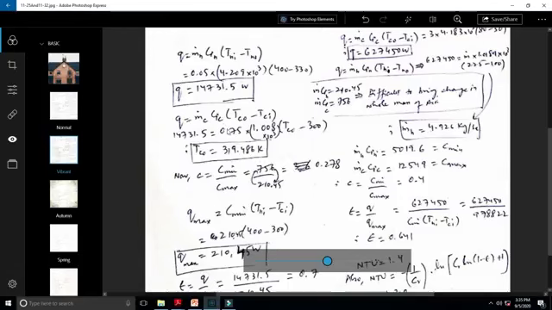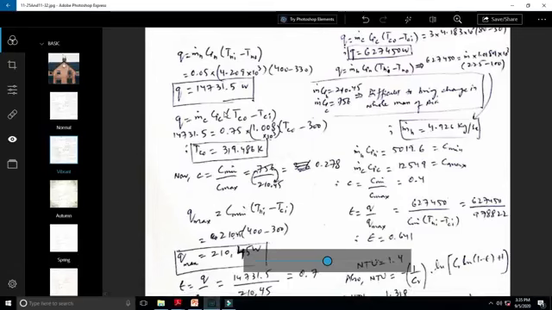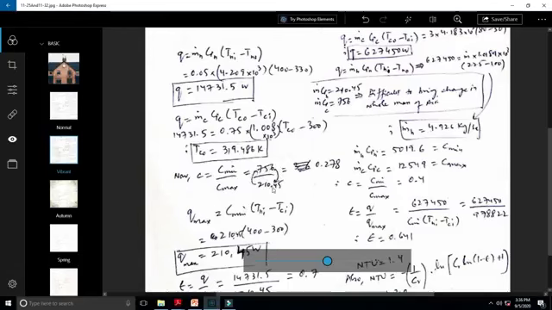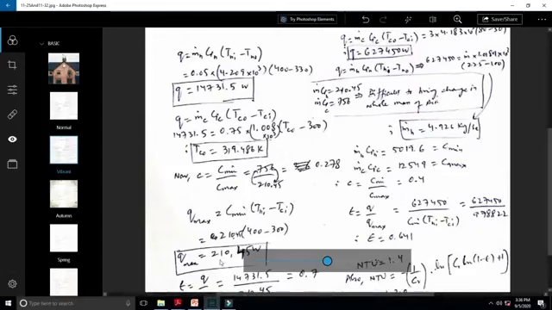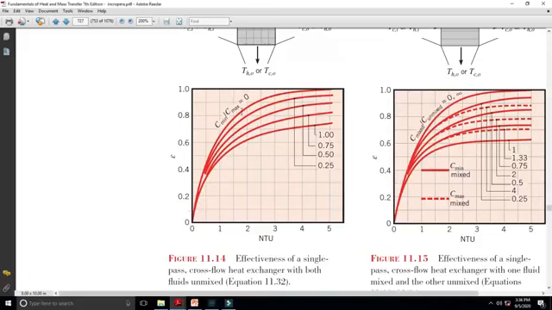And if you multiply the cold fluid mass flow rate 0.75 with its Cp, 1.008 exponent 3, we get a value of 756. So out of 756 and 210, Cmin is 210 and Cmax is 756. So 210 will go in the numerator and 756 in the denominator, and this ratio will be 0.278. So we have found the value of Cmin over Cmax.